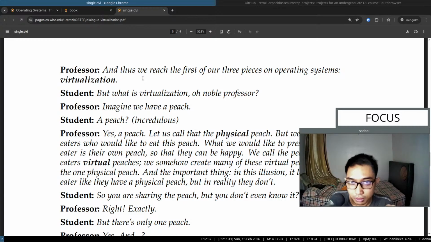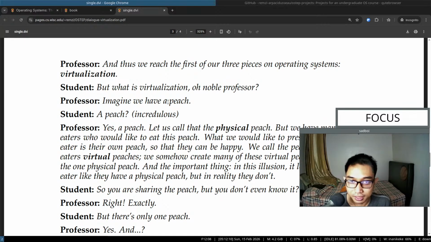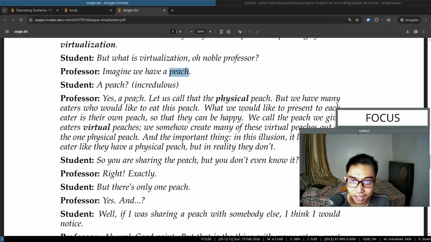And thus we reach the first of our three pieces on operating systems. It is virtualization. Okay, the first piece. But what is virtualization, oh noble professor? Imagine we have a page. A page?